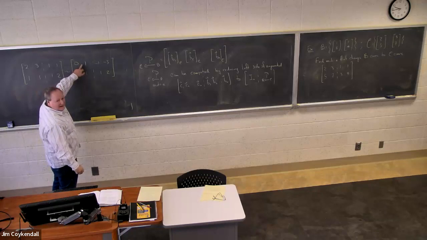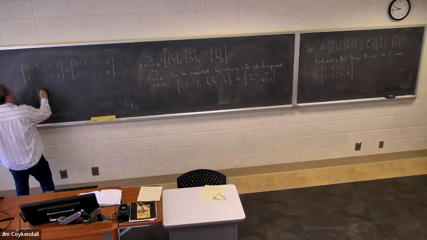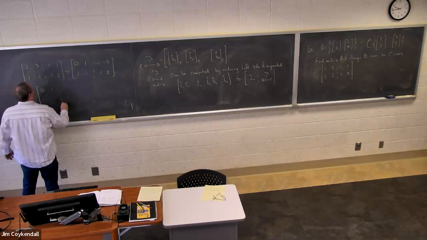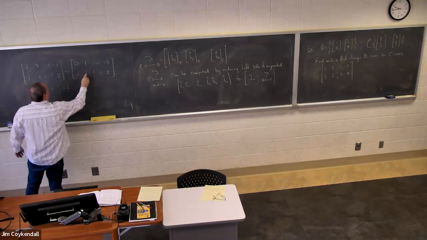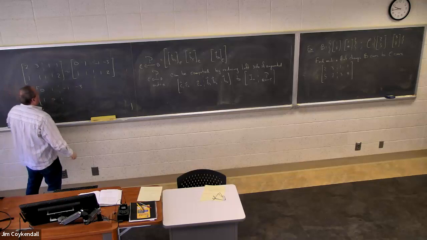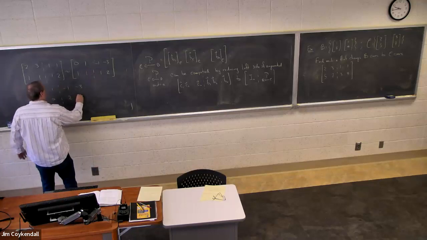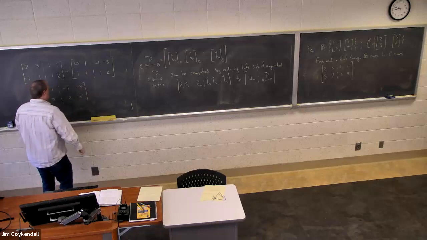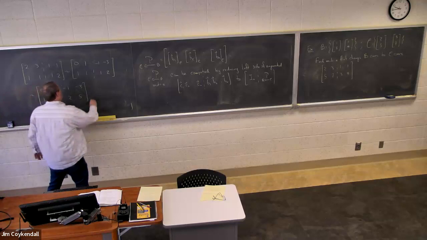Now I'm gonna multiply by -1 and kill this. Multiply this by -1 to kill this. And multiply this by -1, so it's gonna be from 2 and 5. And now we need this to be the identity, so I just need to flip these rows.